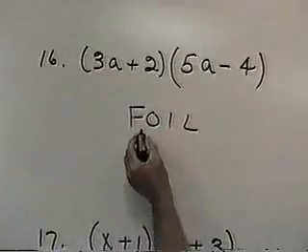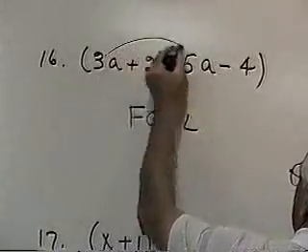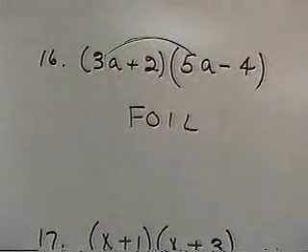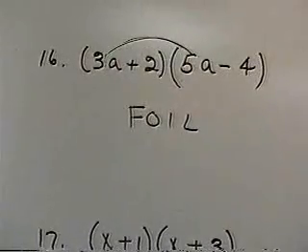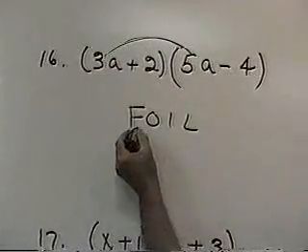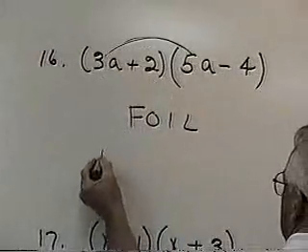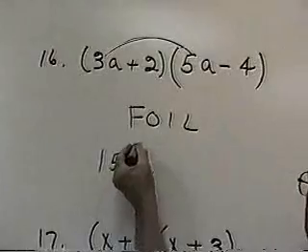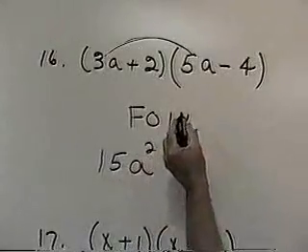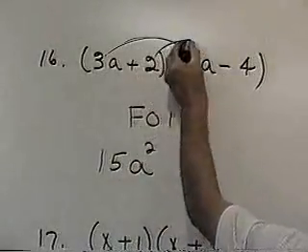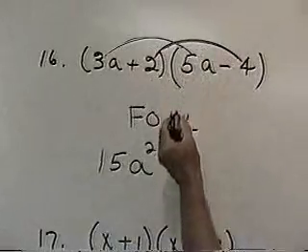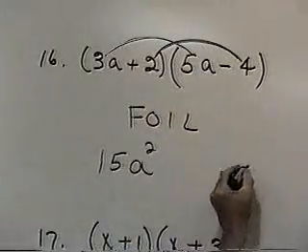What the FOIL method says is the first times the first. So we're going to do the first times the first. That's what the F stands for. So the first times the first is 15a squared. Then the L stands for the last times the last, and that's a minus 8.